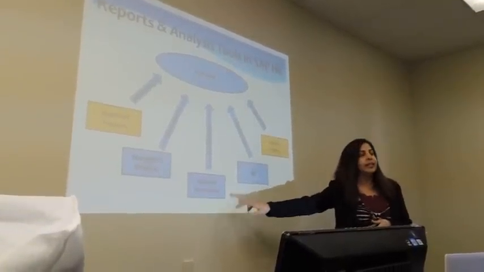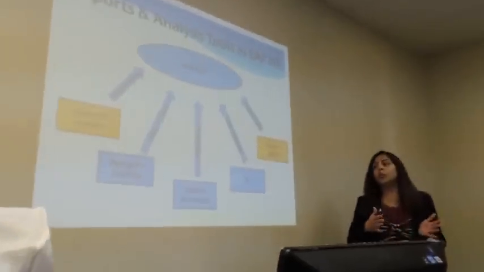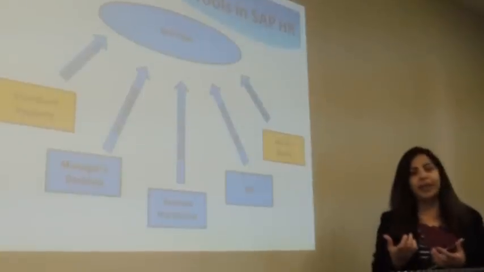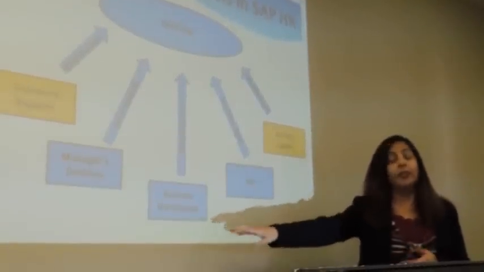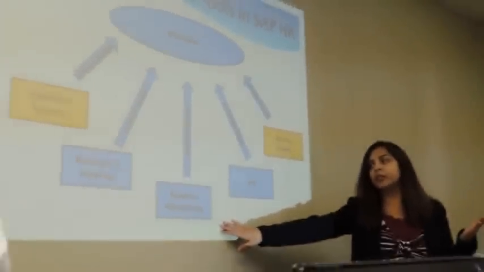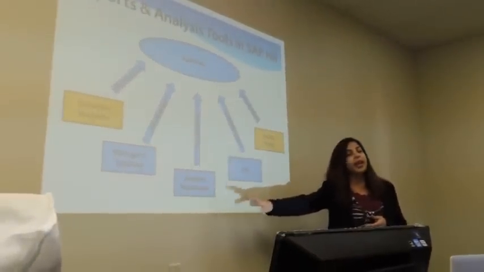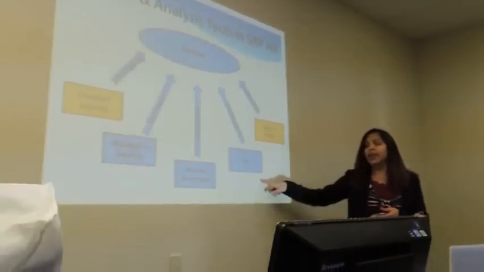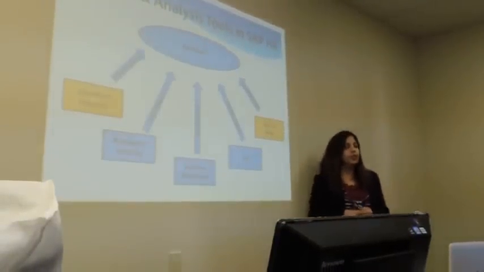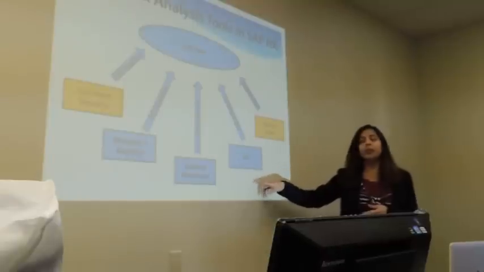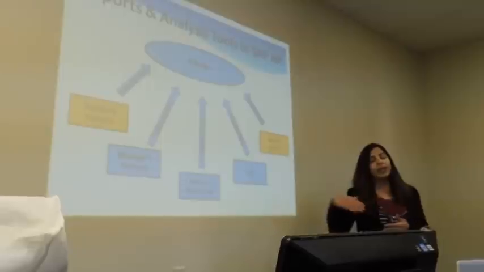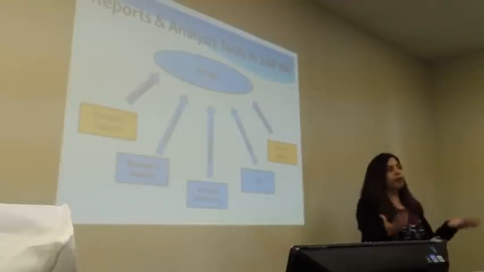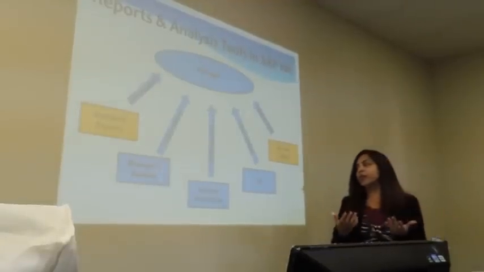Business Warehouse is an independent system which draws its information and its content from SAP itself. SAP transfers the business content to the Business Warehouse, and it is used for analytical reporting. Then we have HIS, the Human Resource Information System. In this, we can change reports in a graphical explanation.